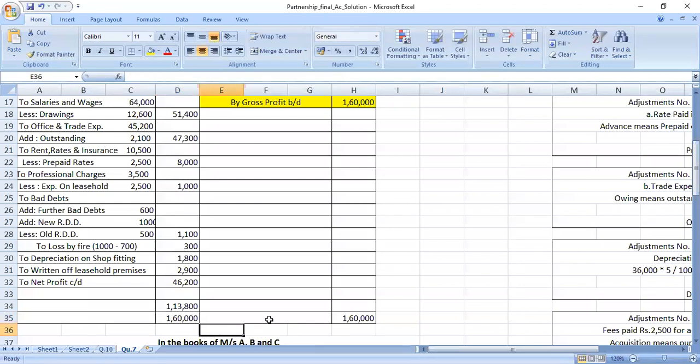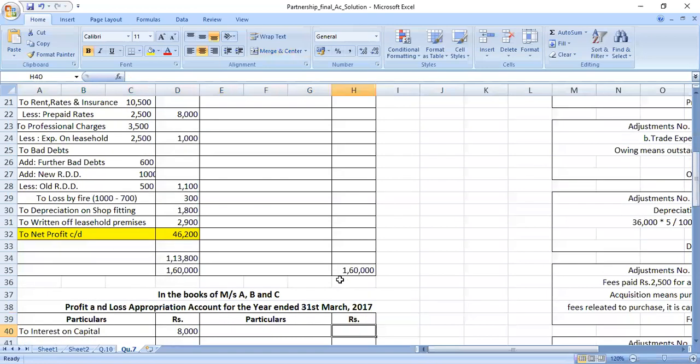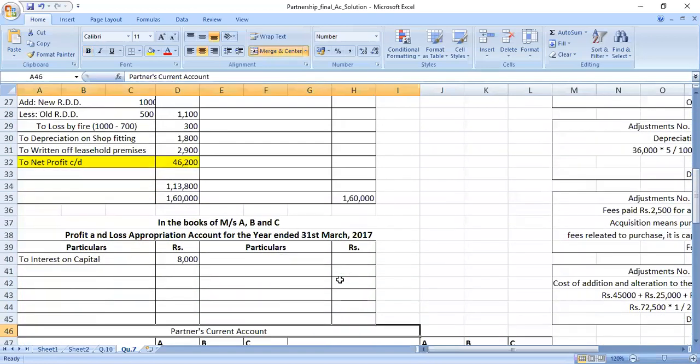Yes, I hope you understood. This is the net profit we got. After getting net profit, net profit is also transferred to the partners' profit and loss appropriation account, by net profit brought down 46,200.